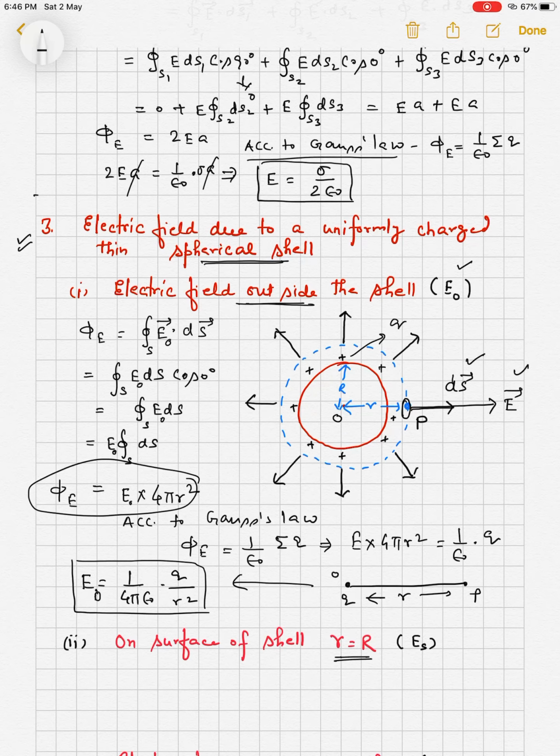EO is the electric field outside the cell. Now on the cell surface ES, small r is replaced by capital R. So ES becomes 1 upon 4 pi epsilon naught q upon capital R square.